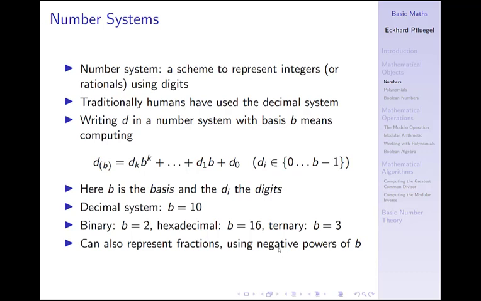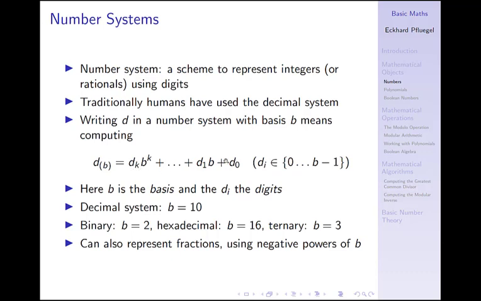Now using some formal terminology, we would express our given number d in terms of a number system with basis b. Here b could be any number, but typically for the decimal numbers b would be 10. So how would you write your number? You would write it as a sum of powers of b times the digits d_k or d_i.